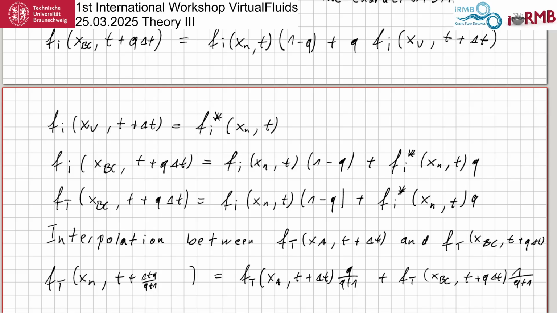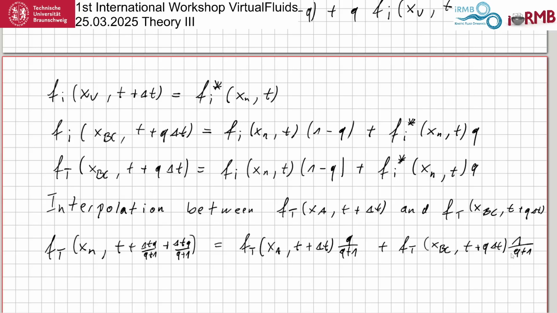So what does this do to the time? Here this is in time t plus q delta t, and this is multiplied by 1 over q plus 1, right? So this gives us again delta t q plus 1, right? Now in this place here, we have the population at our neighbor, which we don't like.